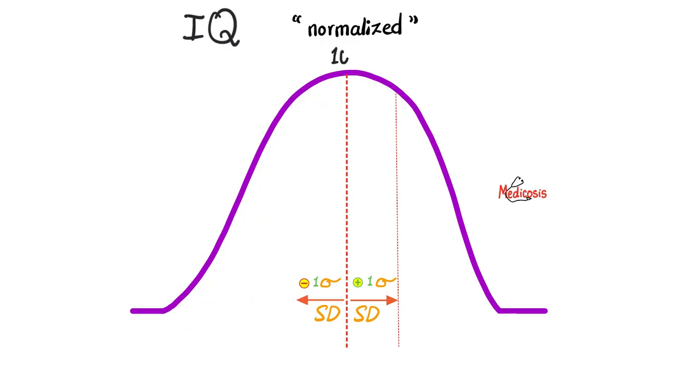The mean of IQ in a population is 100 by definition. One standard deviation is about 15 points. So, if your IQ is 1 standard deviation above the mean, it means that your IQ is 115, because 100 mean plus 15, 1 standard deviation, equals 115.